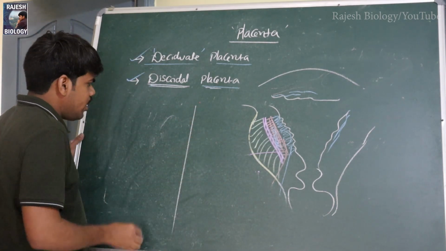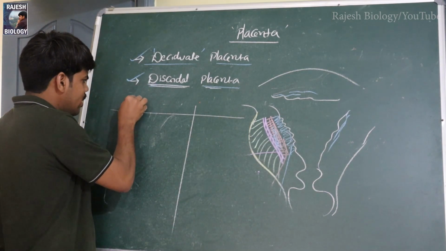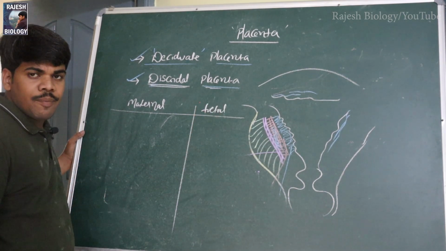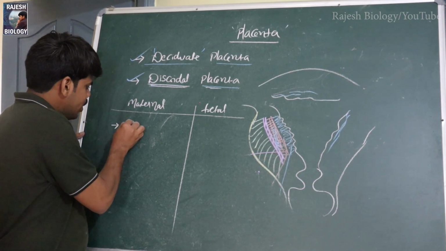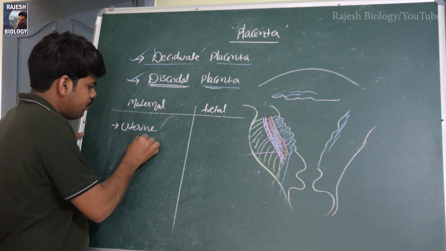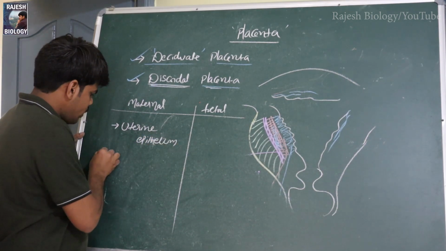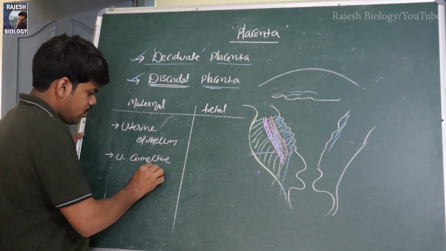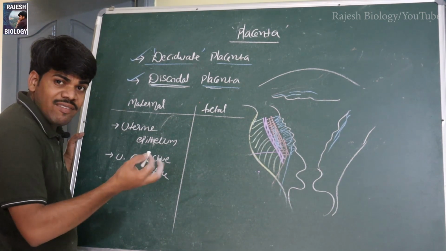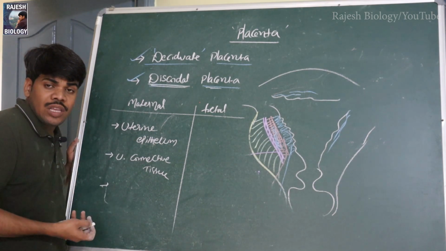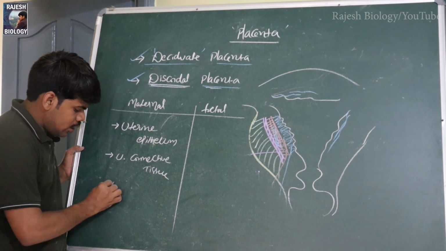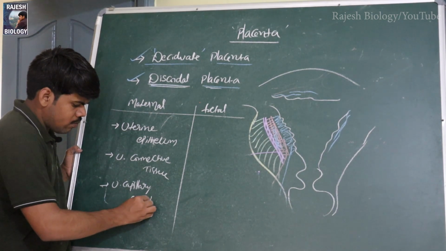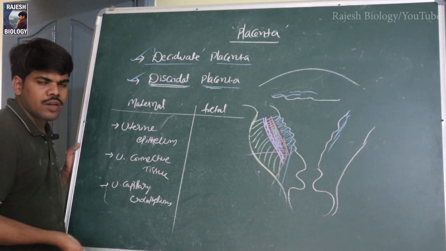First of all, we divide the placenta into the maternal part and the fetal part. In the mother's part, the uterine epithelium and uterine connective tissue participate, along with uterine blood vessels, the uterine capillary endothelium. This is the mother part of the placenta.